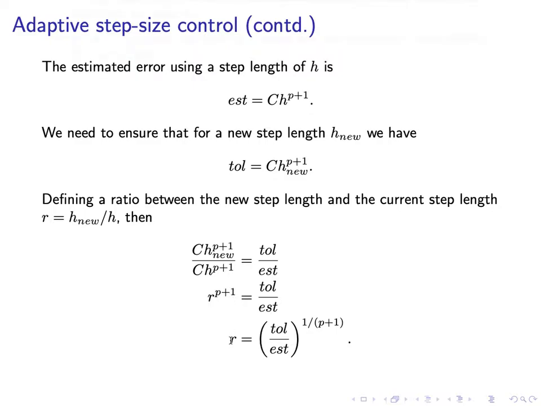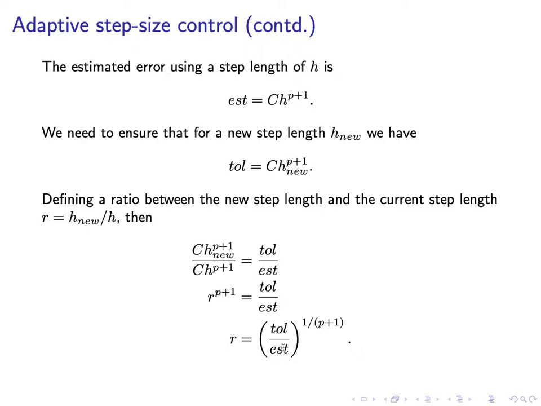If we solve for r, we have our tolerance over our estimated error, to the power 1 over p+1. We know what the tolerance is because that's something we determine, as I mentioned before, 10 to the minus 4 or 10 to the minus 6 or a number in that kind of region.